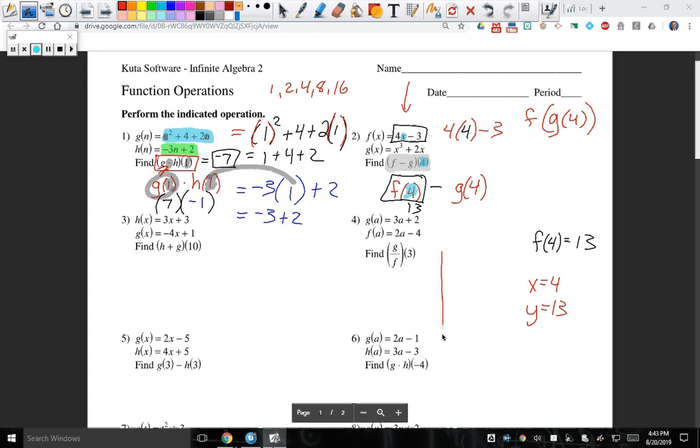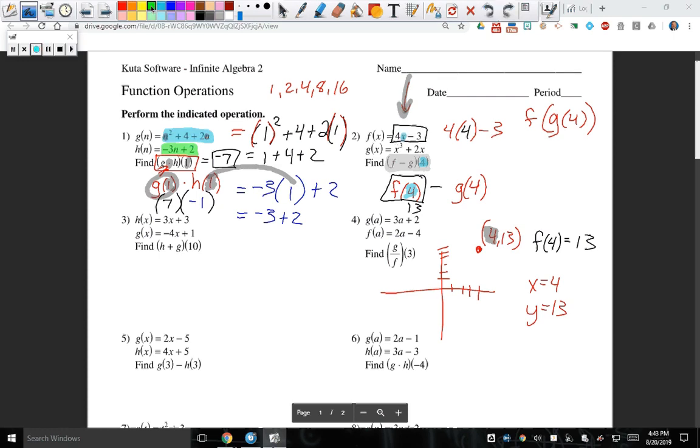You saw this back in Algebra 1. You saw it as, I'm going to go to 4, I'm going to go up to 13, and I'm going to write a point as (4, 13). Please make sure that you understand, guys, that this was our input variable. We put 4 into the machine. We inputted it, okay?